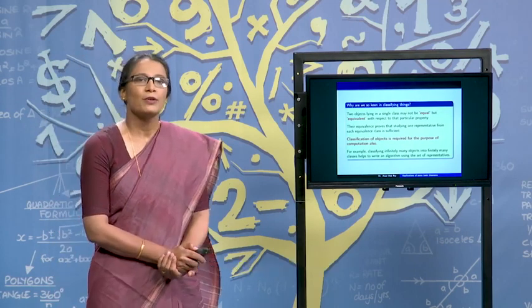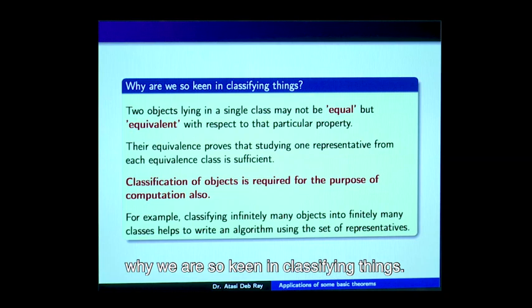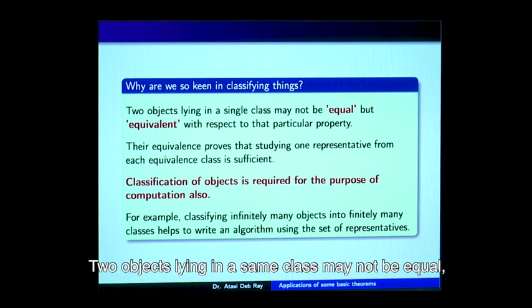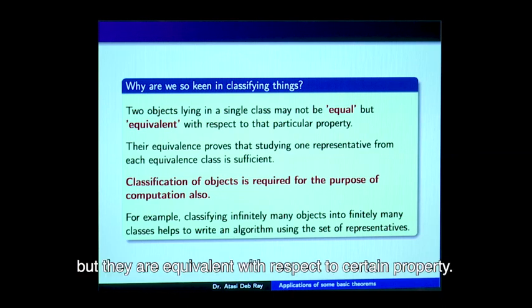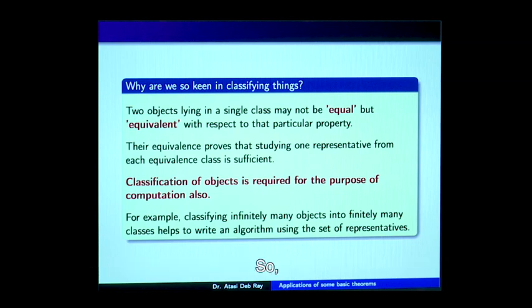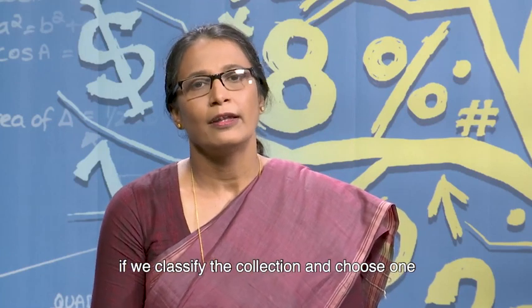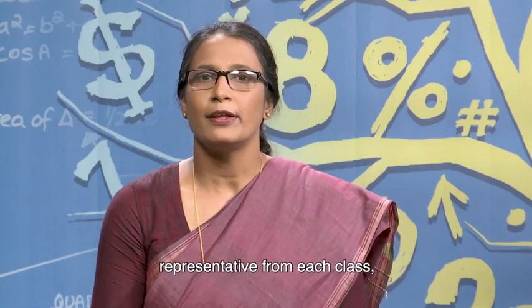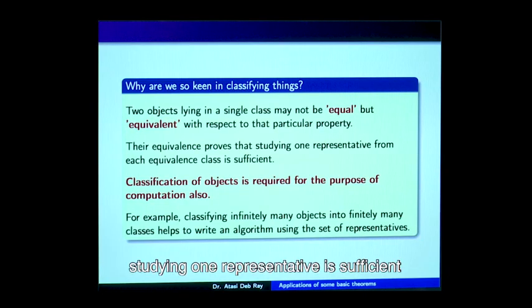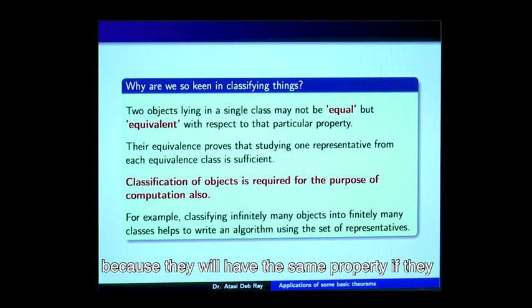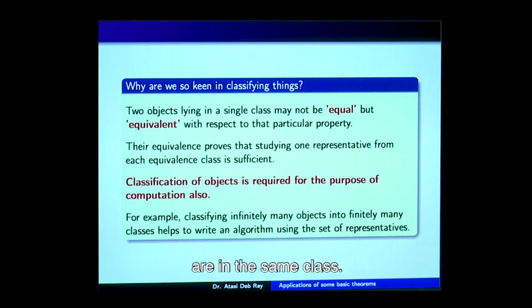Now, the question is why we are so keen in classifying things. Two objects lying in the same class may not be equal, but they are equivalent with respect to certain property. So, if we classify the collection and choose one representative from each class, then studying one representative is sufficient, because they will have the same property if they are in the same class.